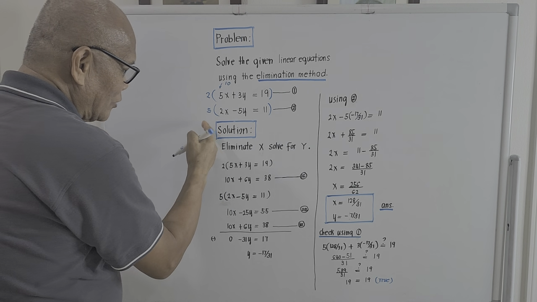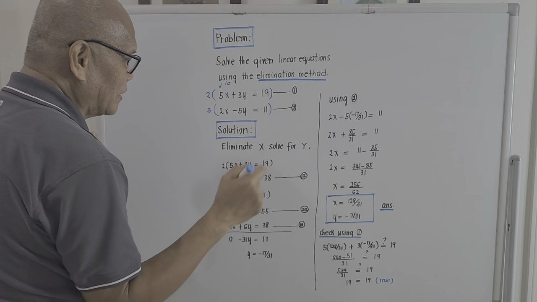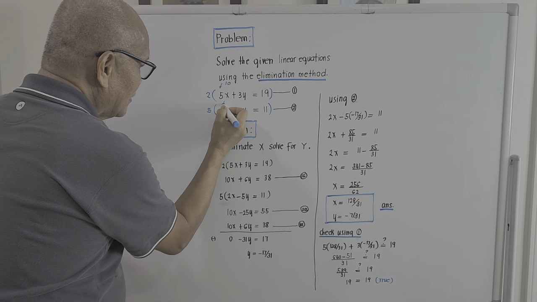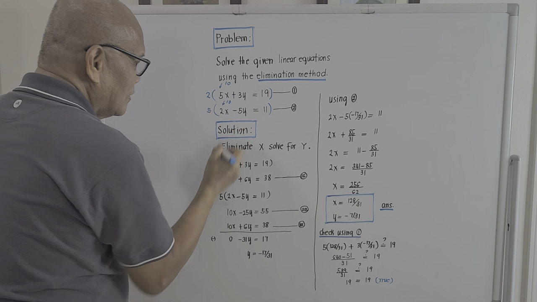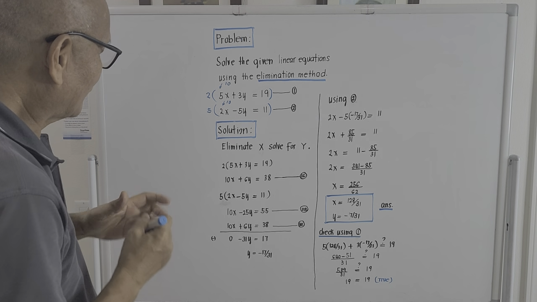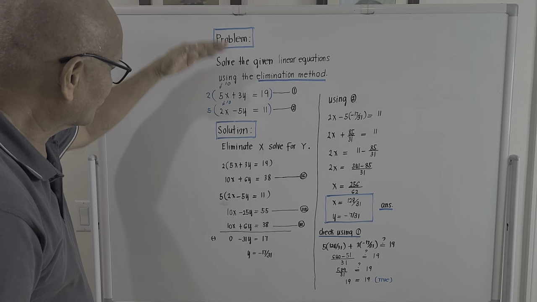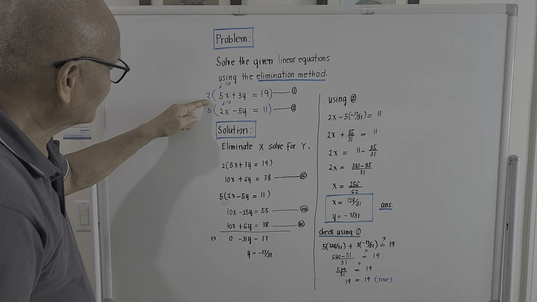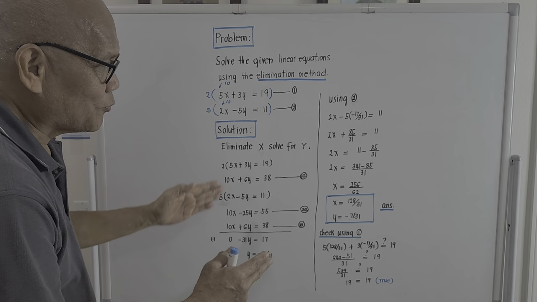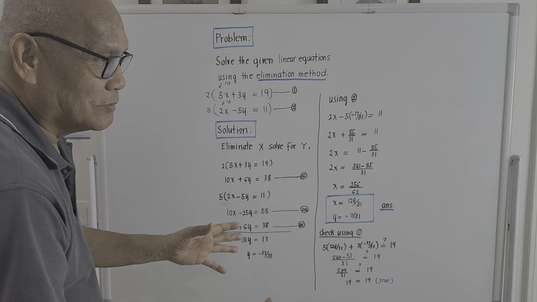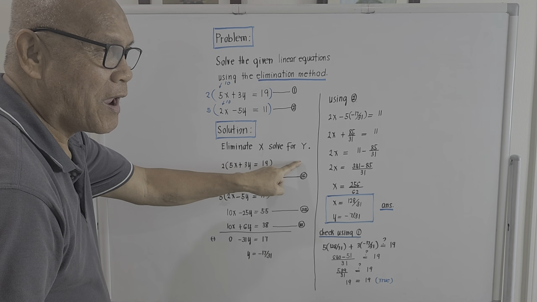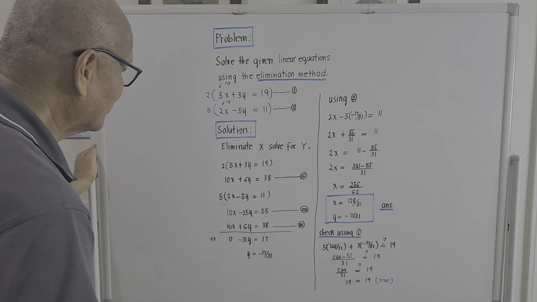So if we expand this one, the resulting coefficient of x will again be 10. If we perform the operation subtraction, this is 10x and this is 10x, so we will eliminate x and we can solve for y. Okay, let's continue.